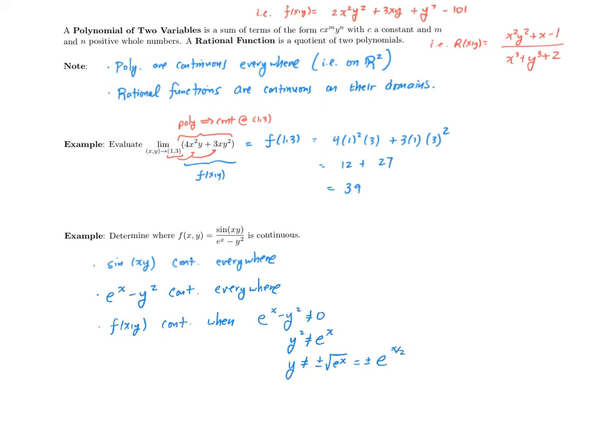So our conclusion then is the function f of x, y is continuous whenever y is not equal to plus or minus e to the x over 2.